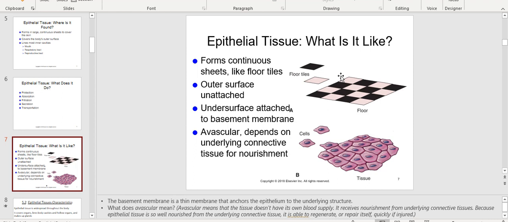But there is a surface on the inside of the tube. The undersurface is attached to what we call a basement membrane. Underneath, it is attached, and that's how these cells get their oxygen, food supply, and blood supply. But nothing is coming in from the top.